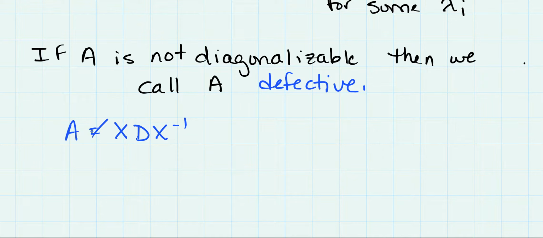However, for any defective matrix we can come up with a matrix J and a matrix X where we have X J X inverse, and J is almost diagonal.